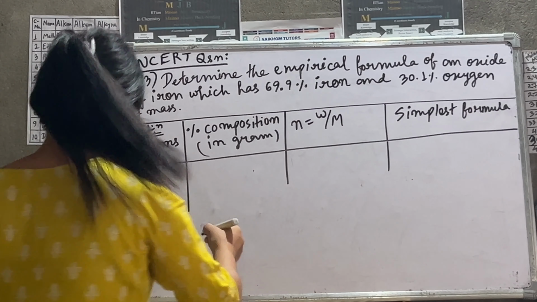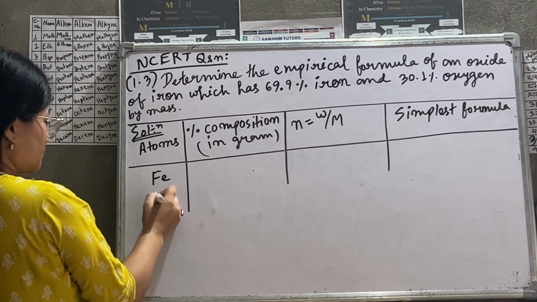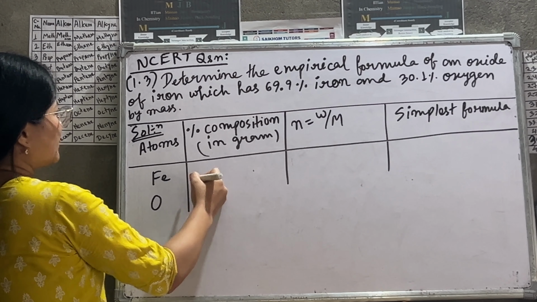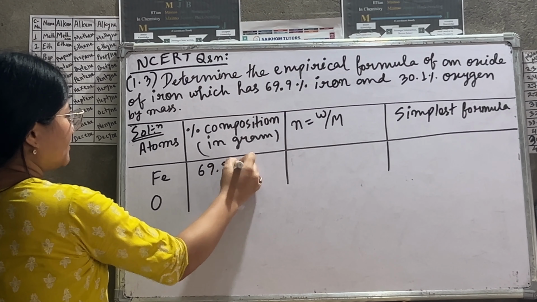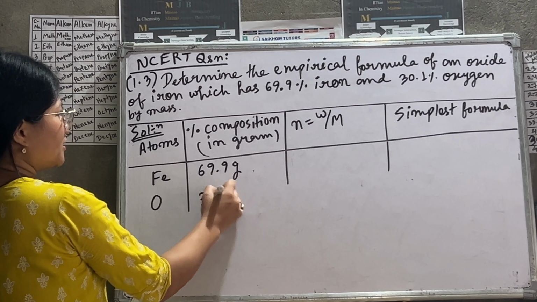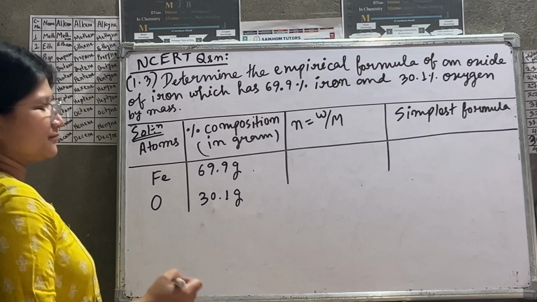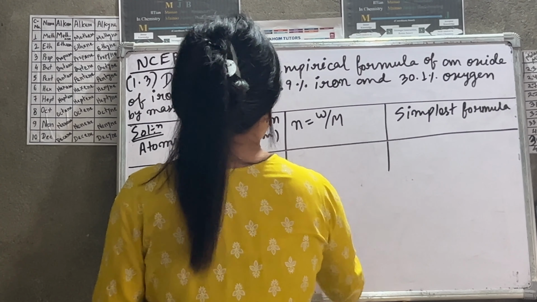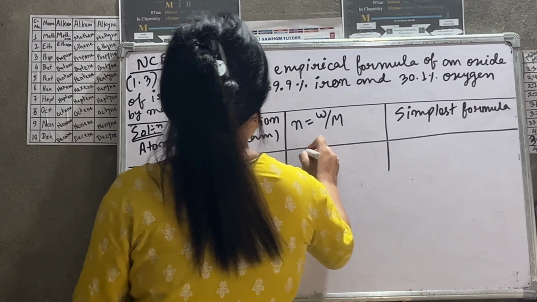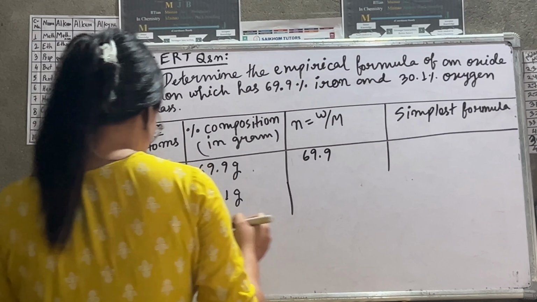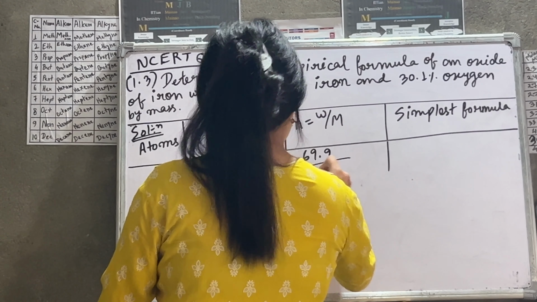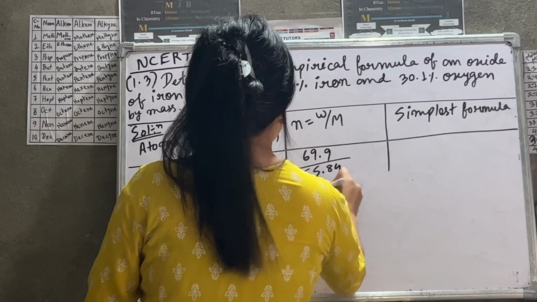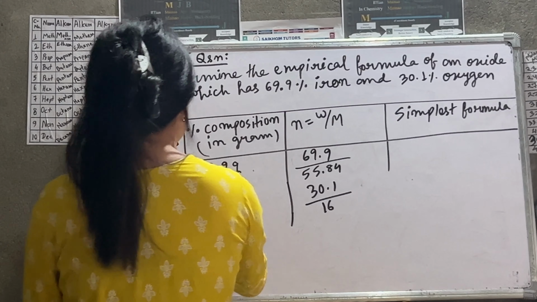The atoms are iron and oxygen. The weight of iron is 69.9 gram and oxygen is 30.1 gram. Convert this into the number of moles. The given mass of iron is 69.9 and the molar mass of iron is 55.84, and for oxygen, 30.1 by 16.